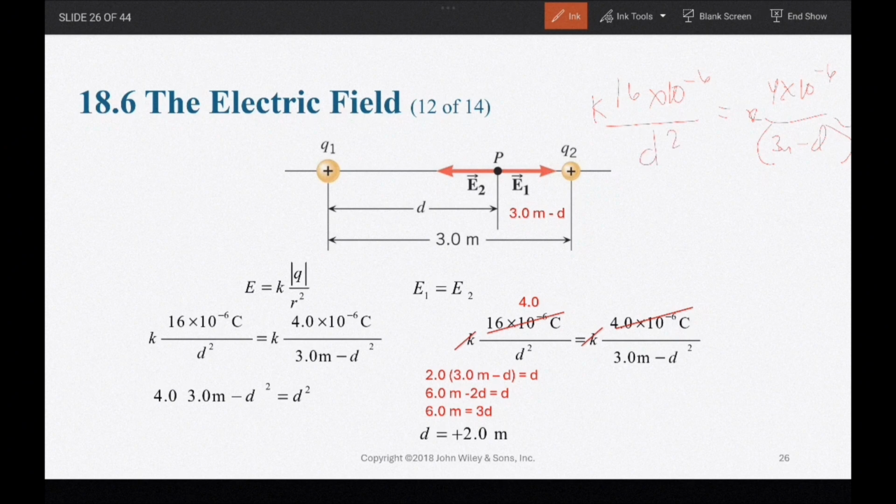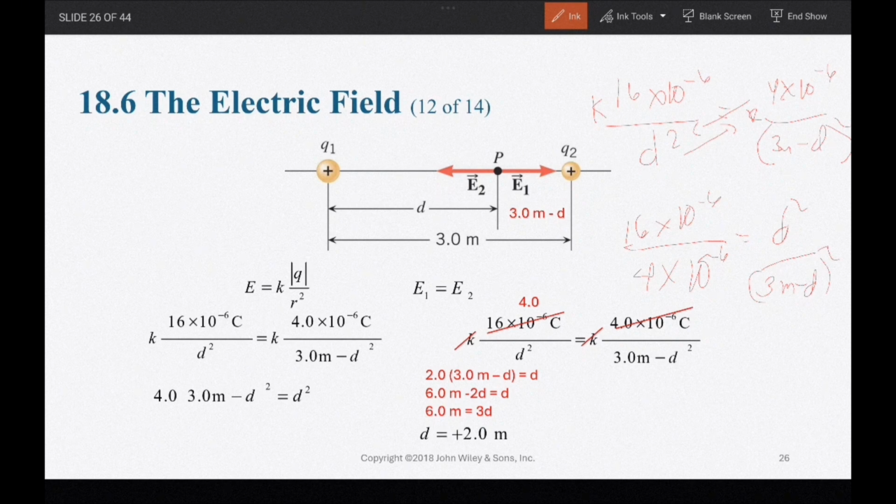Now, we'll just do cross multiplication here. So, what happens here is 16 times 10 to negative 6 over 4 times 10 to negative 6 is equal to d squared over (3 meters minus d) squared.